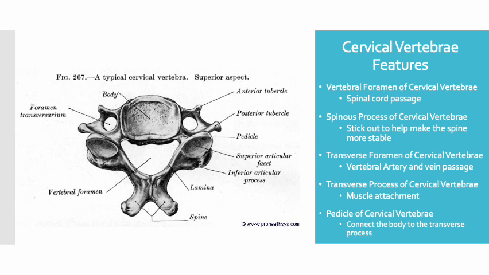And then in the cervical vertebrae, there is a pedicle. Pedicle is the connection point between the body and the transverse process. So it's underneath the foramen in this little area right here that connects the transverse side to the body. So these are the key features of a cervical vertebrae.